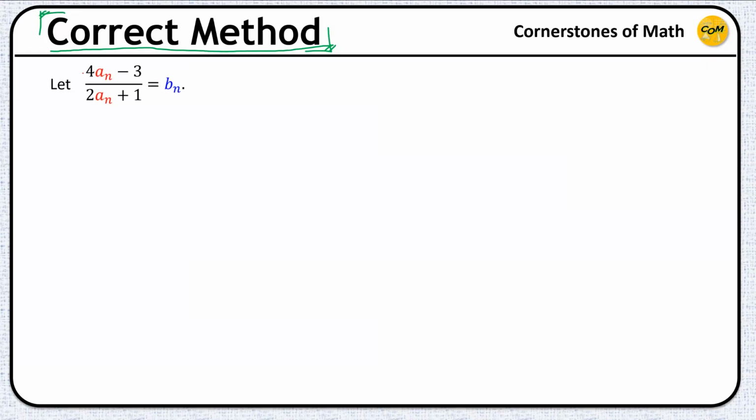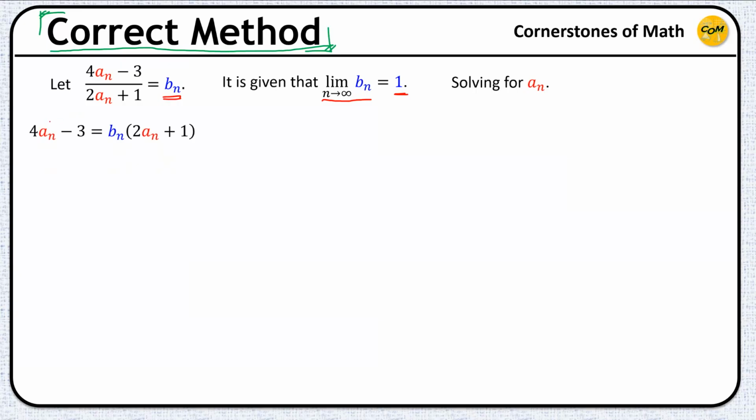First, let us substitute the entire rational expression with bn. Then it is given in the problem that the limit of bn as n goes to infinity is 1. Now let's solve for an. So first we obtain 4an minus 3 is equal to bn times (2an plus 1).